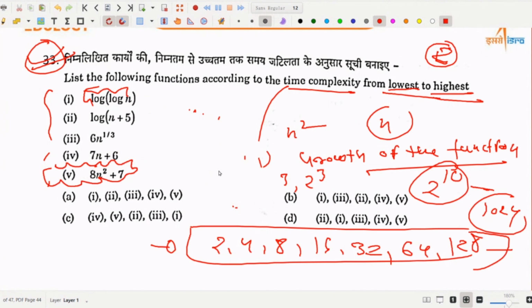Now check the options where 5 is at the end. Here 5 is not available, so this is not possible.